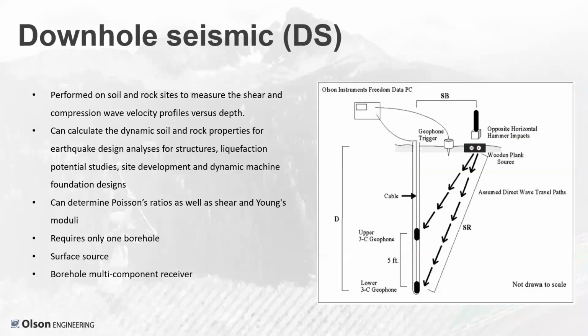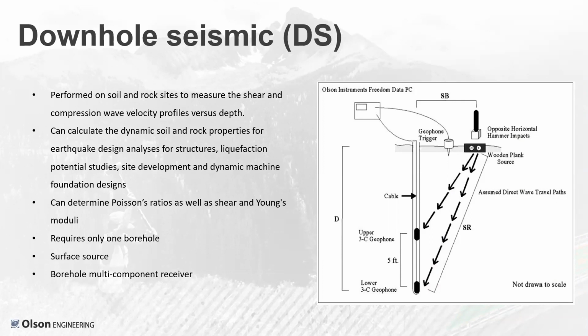A downhole seismic survey is similar to a crosshole seismic survey, but we only require one hole. And we have a source on the surface, and we have a receiver that we move down the borehole and take measurements at fixed depths, typically somewhere on the order of 5 to 10 foot intervals.